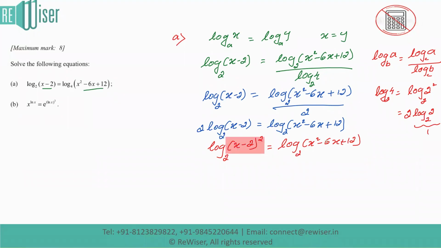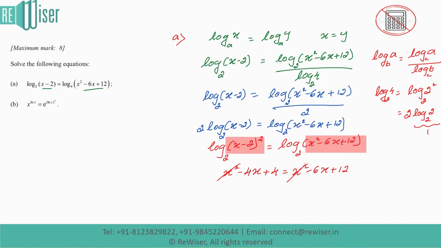So x minus 2 whole square would be the same as this one. If I expand x minus 2 whole square, that's going to be x square minus 4x plus 4 is equals to x square minus 6x plus 12. On both sides, x square and x square get cancelled out.